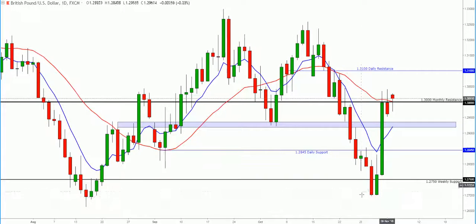As you can see, we did have this low here, which formed a lower low to here, back in the start of October. We've had a lower high, so we may be forming a lower high once more here to continue again back down to 1.2845 before 1.2750 once more.